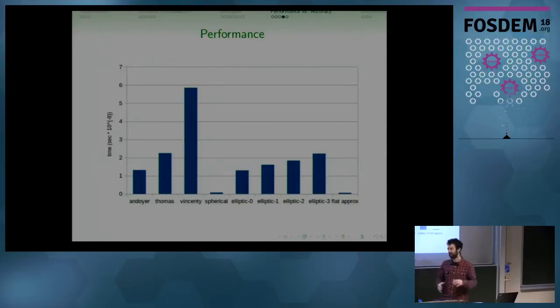There is a generic algorithm that takes one of these formulas as a parameter. Right now in Boost Geometry, it takes only Andoyer, Thomas, Vincenty, and spherical, and computes the area. There is a GitHub page that has some examples. The functionality is there and it's stable enough, but I haven't done extensive experiments.